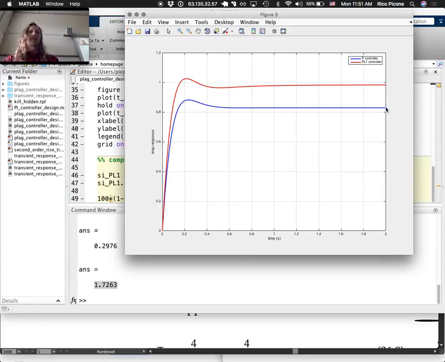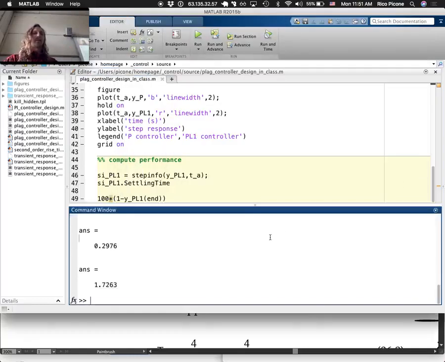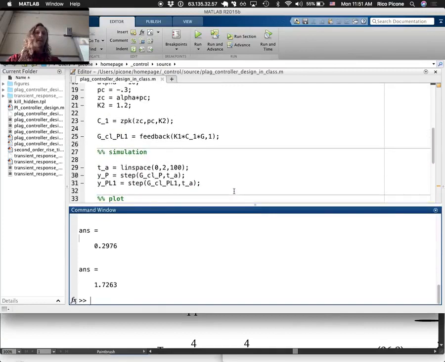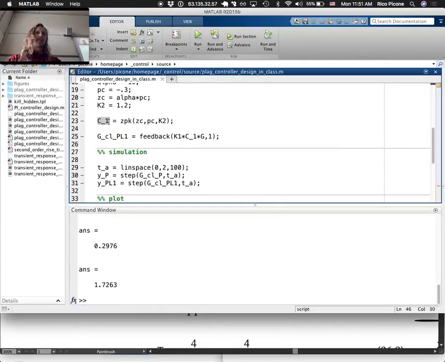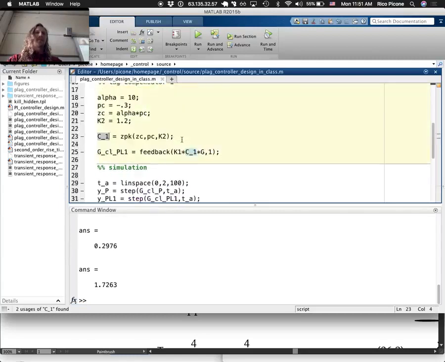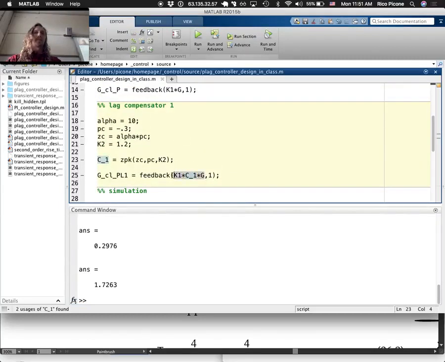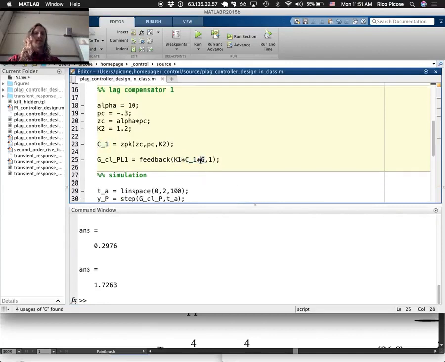Now notice that we still have steady state error, right? We knew that going in. We were going to have some finite steady state error. We were just going for a reduction of a factor of 10. So if we wanted to print out our final controller, we would just look at this compensator, and we would have to scale it by K2, right?